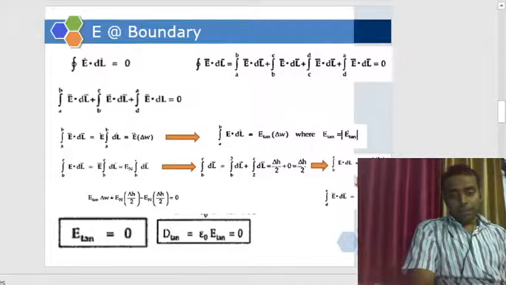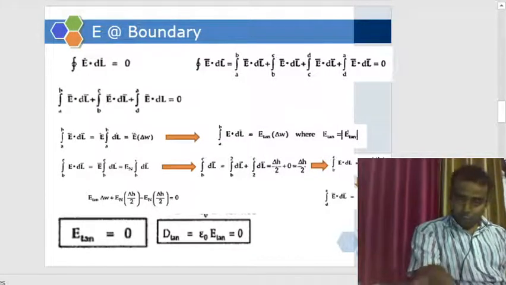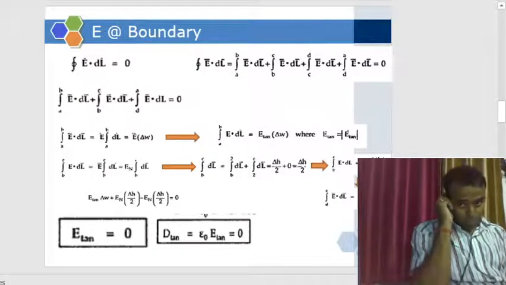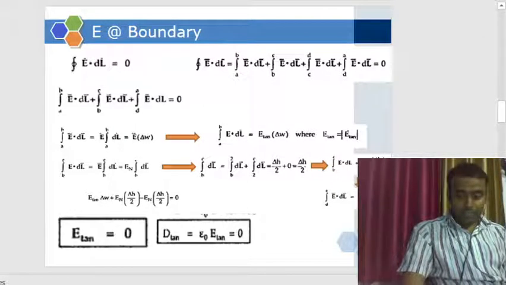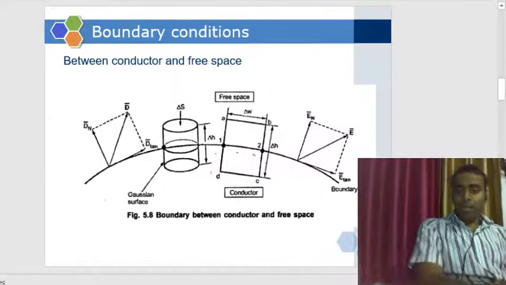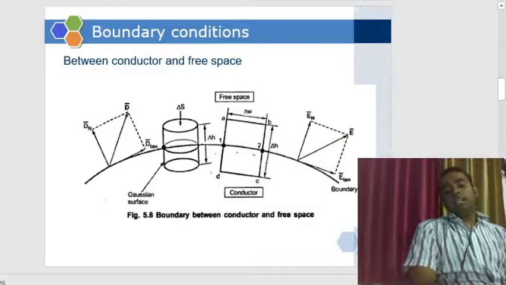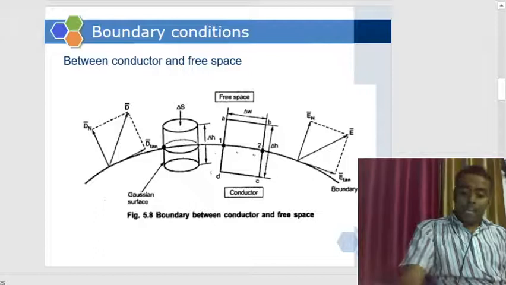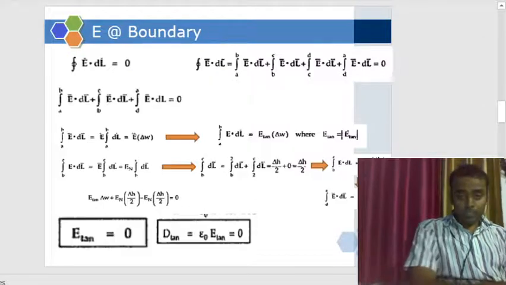We'll be dividing this into two parts as I've already discussed. Okay, let's take one by one. A to B line integral, and what is the length? del W, isn't it?